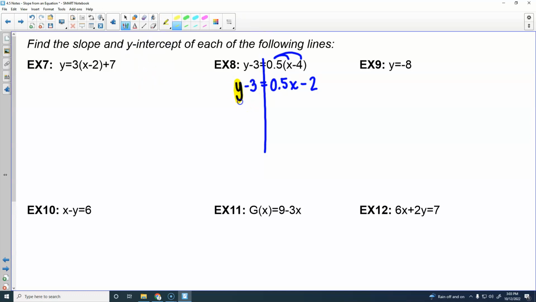This y right here is what we want to get by itself. We're going to add the 3 over here. I'm adding that 3 to the -2 because those are my like terms there. So y will equal 0.5x. -2 plus 3 is going to give me a positive 1.